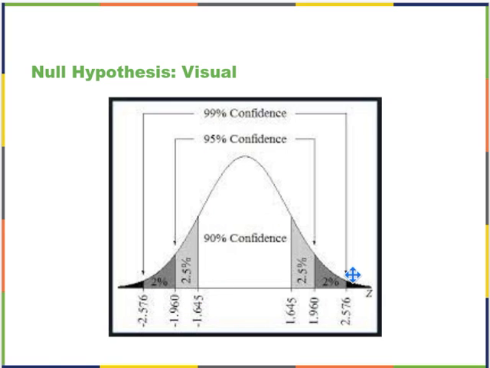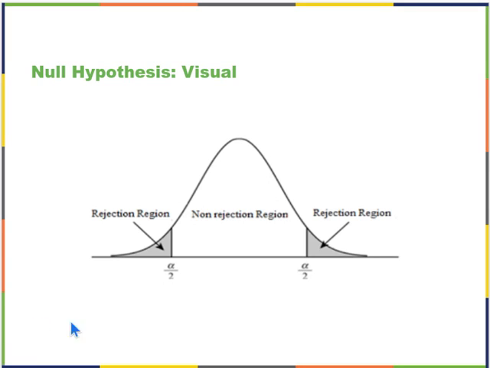Another way to visualize it, remember, look at how much area is under here. So right here we have 2.5%, 2.5%, another 2.5%. When we start thinking about our tails as rejection regions, if our null H0 is here and our H1 is here, we don't reject.